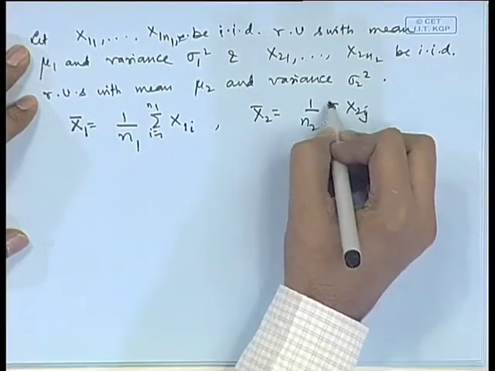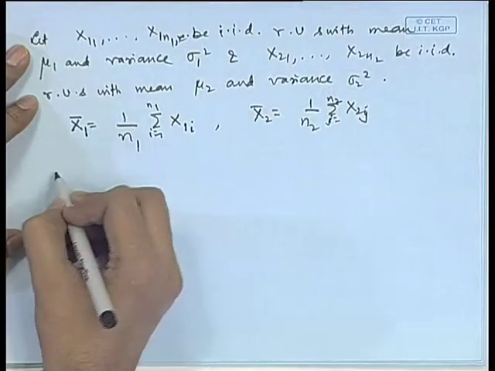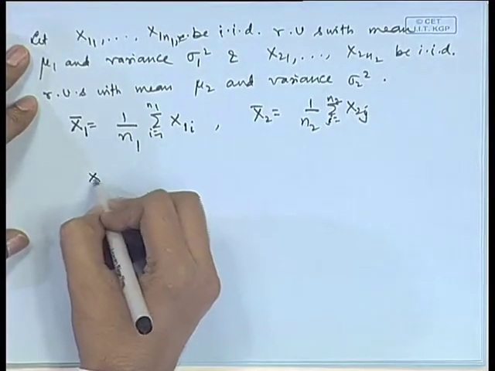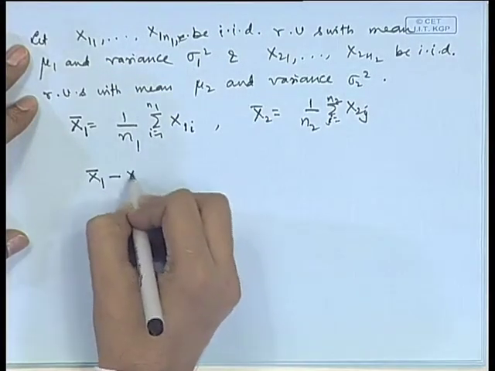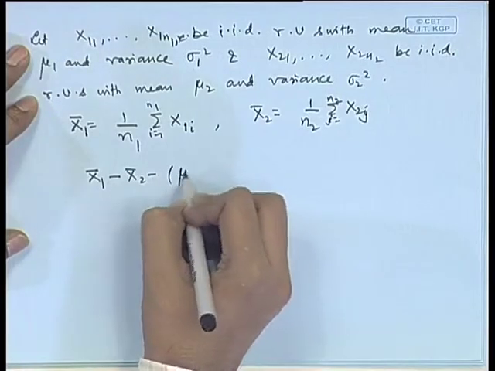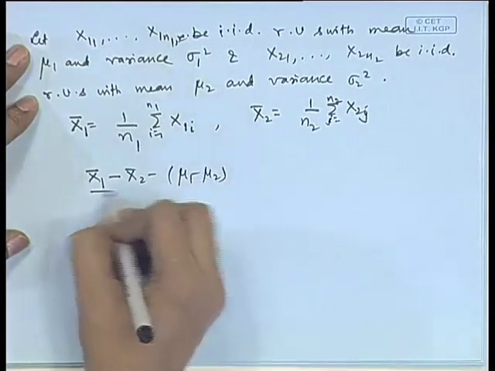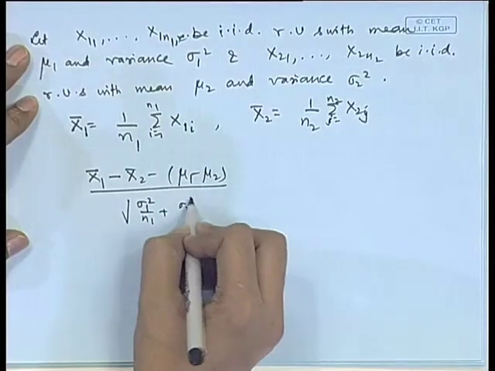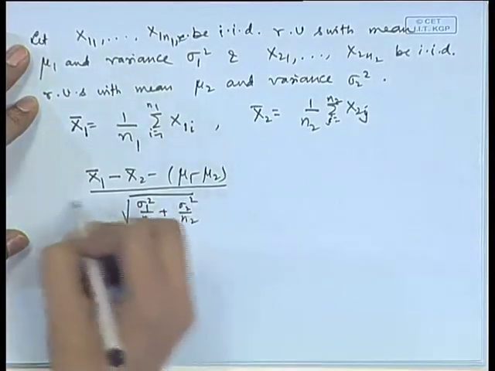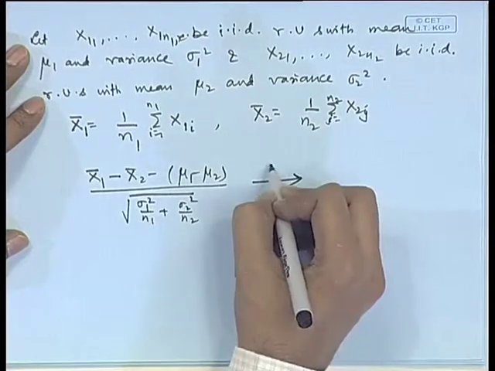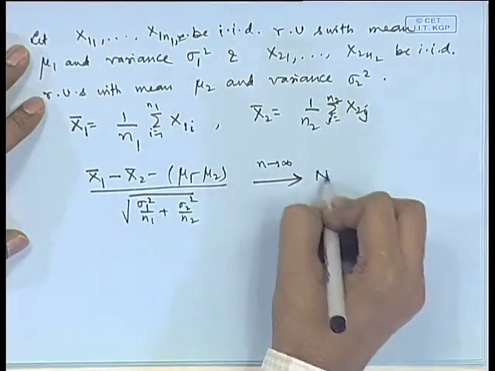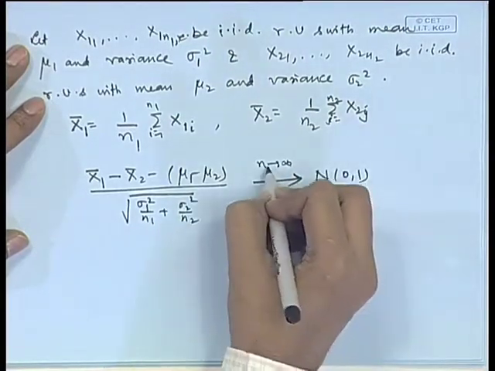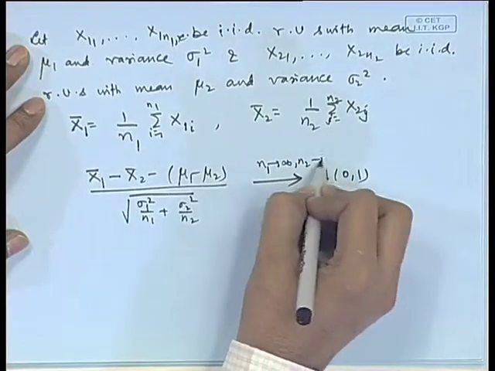Let me put j here, and construct the random variable (x 1 bar minus x 2 bar minus (mu 1 minus mu 2)) divided by the square root of (sigma 1 square by n 1 plus sigma 2 square by n 2). Then this converges to a normal 0, 1 as n 1 tends to infinity and n 2 tends to infinity.